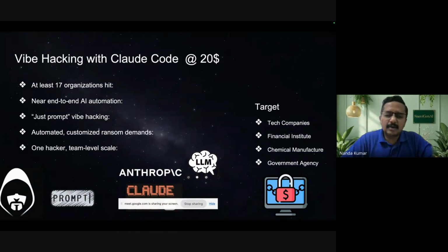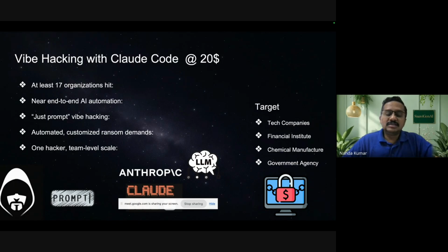Initially, they targeted about 30 plus organizations, out of which 17 were completely compromised. Nearly end to end, right from the initial stage all the way to sending an email asking for the money, the ransomware demand, 80 to 90% was done automatically only by Claude Code.